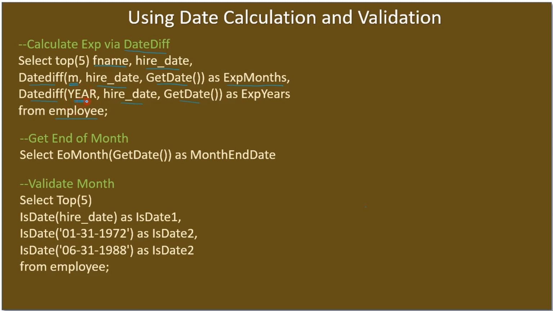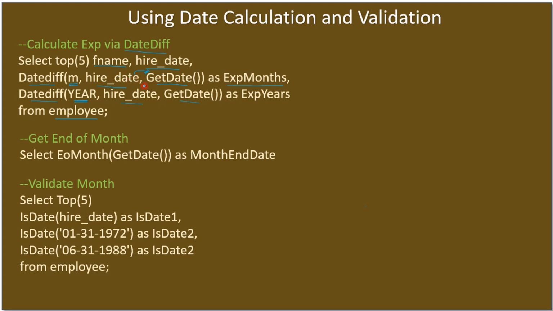year as the first parameter. In the previous call, if you see, we got experience in terms of months. Here we are getting experience in terms of years. Actually, it is calculating the difference between these two: the hire date that's coming from the database, and the function GETDATE that gives today's date, and we get a difference between these two given dates.